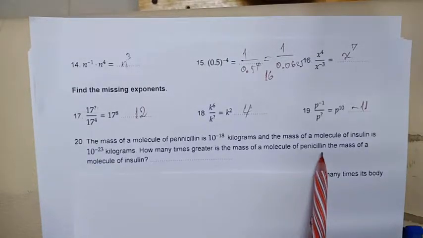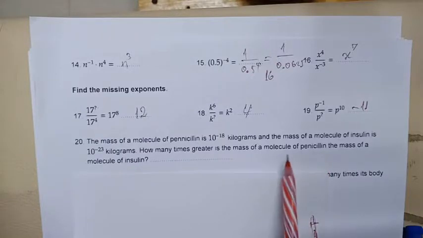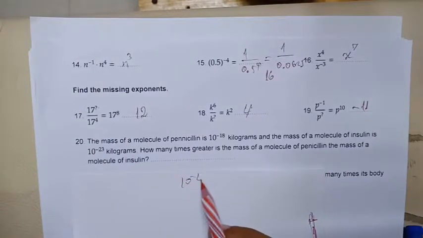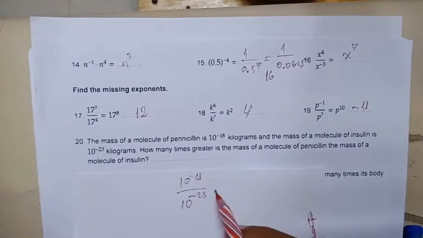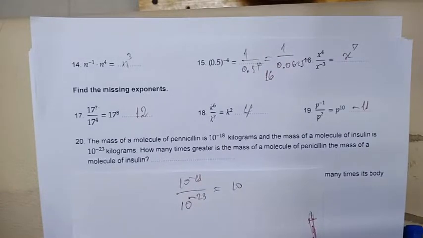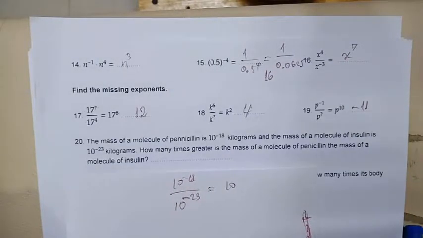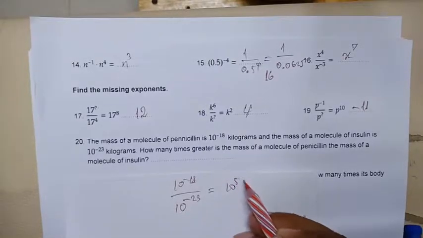So you just divide. To get penicillin greater than insulin, you have 10 raised to negative 18 divided by 10 raised to negative 23. So you have 10 raised to negative 18 minus negative 23, or plus 23. You have raised to 5.